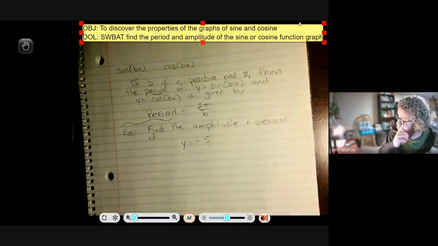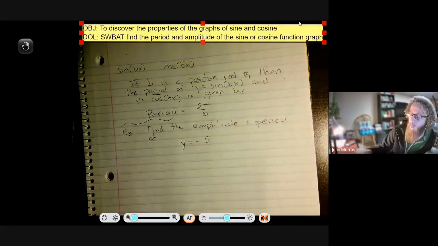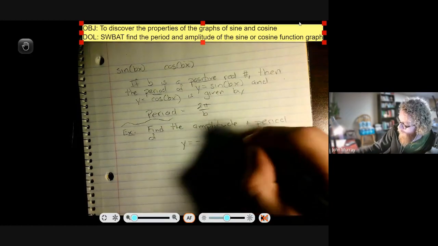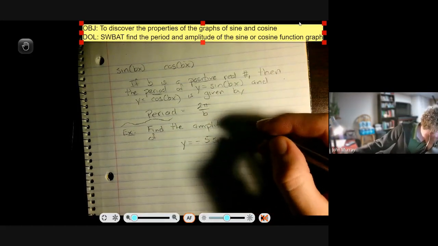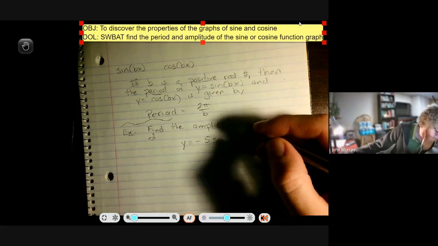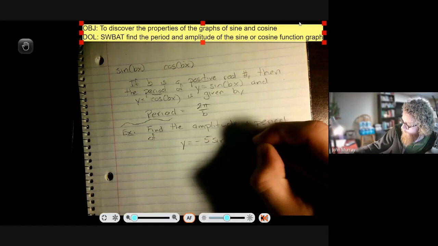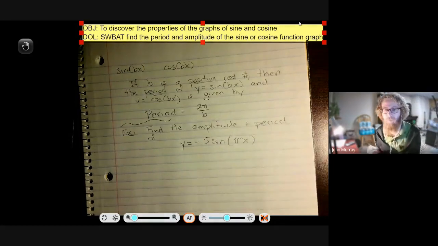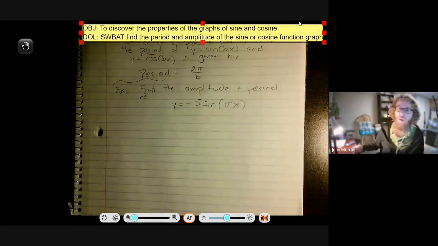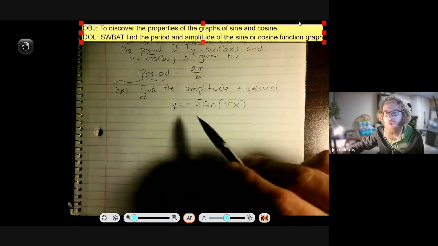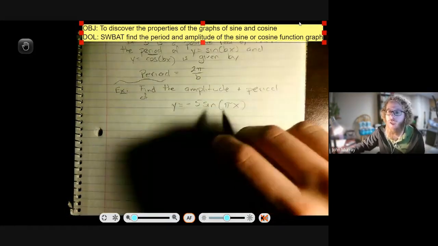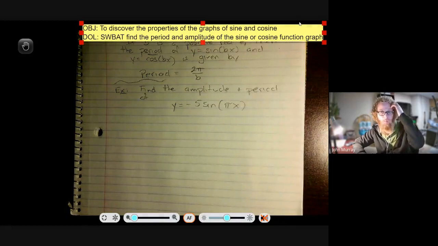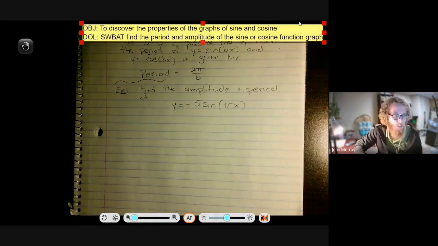They both behave similarly when we're talking about the amplitude and period. Let's find the amplitude and period of y equals negative 5 sine of pi times x, and then I'll graph it as well.